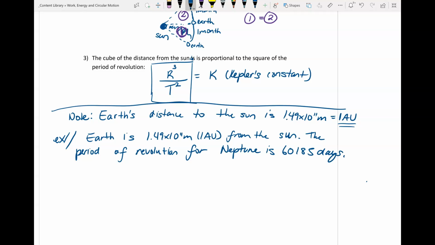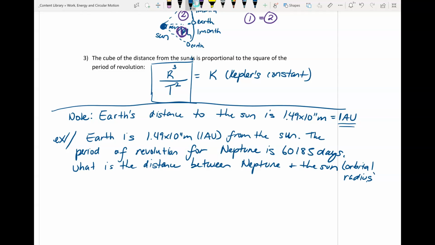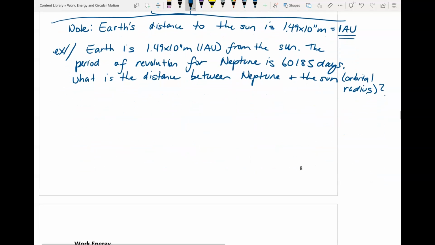We want to know what is the distance between Neptune and the Sun. In other words, you can say, what is the orbital radius? That's another way of saying it. So just be familiar with the different terms that we could use in these types of questions.